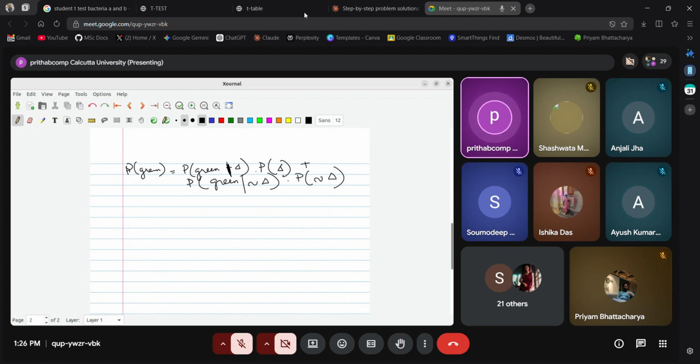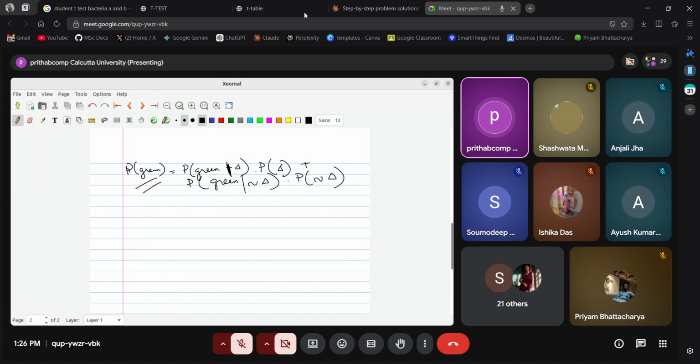Okay, so probability of green altogether is going to be like this, right? Probability of green given the triangle into probability of triangle plus probability of green given not the triangle and probability of not the triangle.